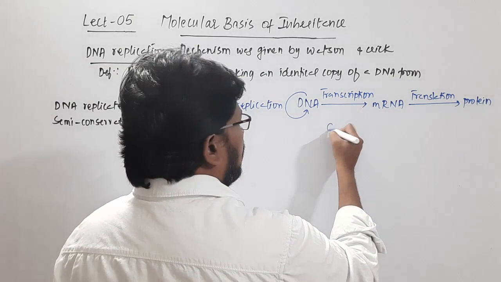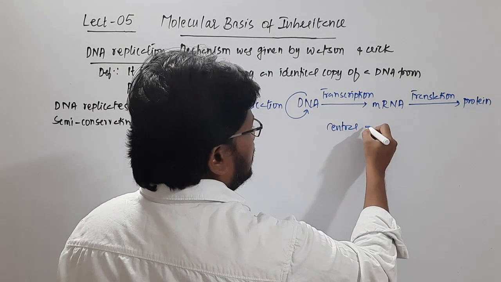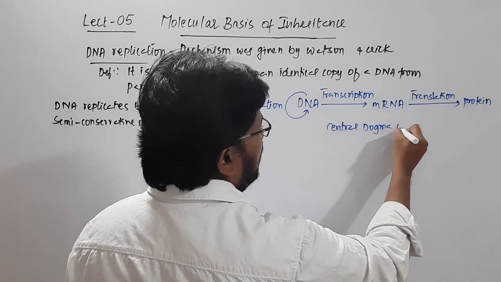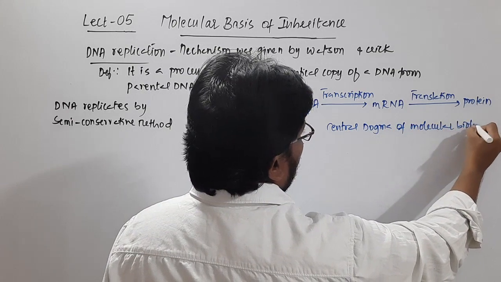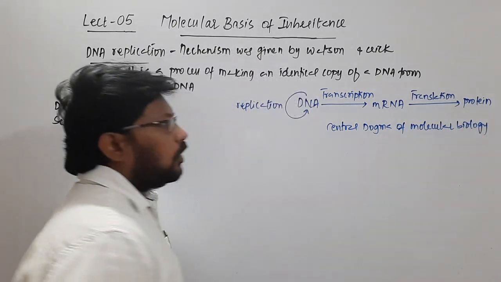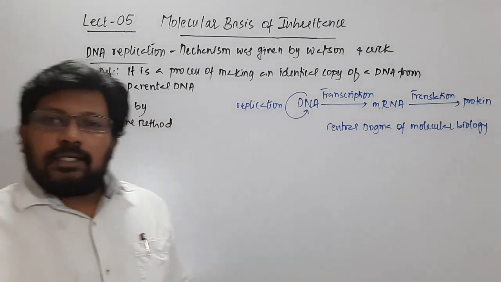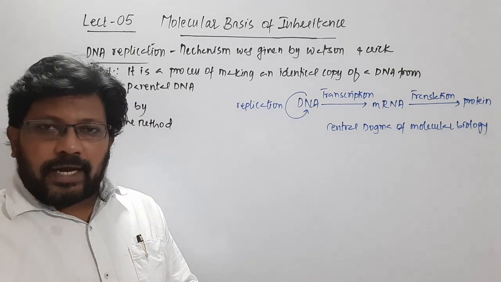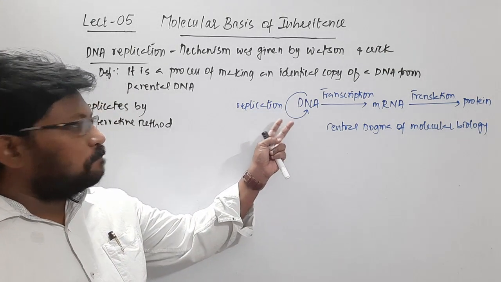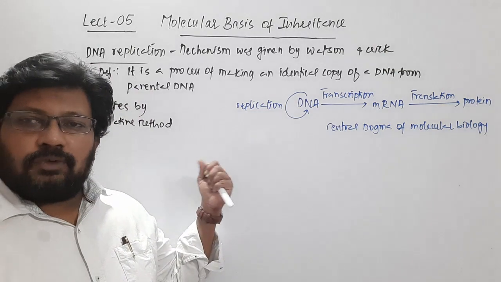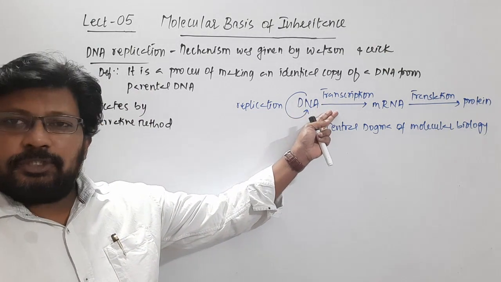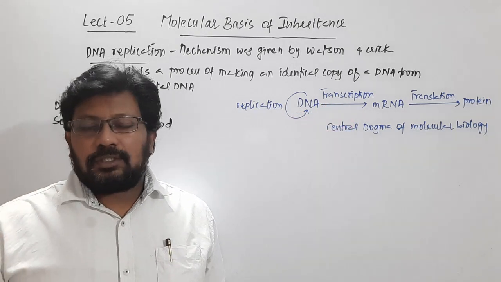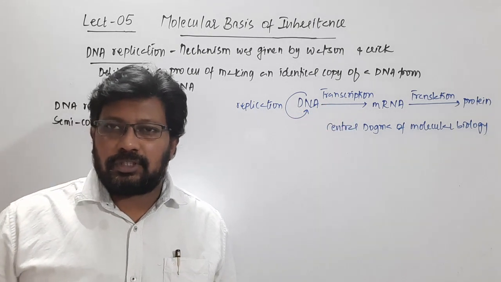So this is what is called the central dogma of molecular biology. In this central dogma, the first part, DNA replication, is what I'm going to discuss now. After that, we will see transcription, and after that, we will also see the translation process.